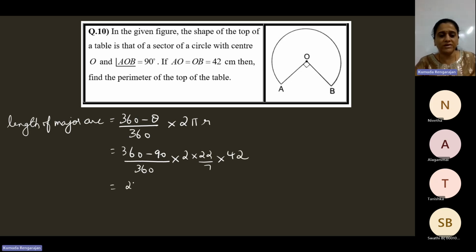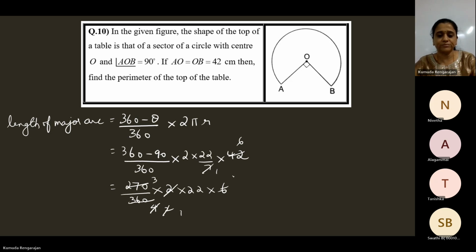So this is 270 by 360, which is 3 by 4. Then 2 into 22 into 6 into 3, so what is 22 into 9? 198.